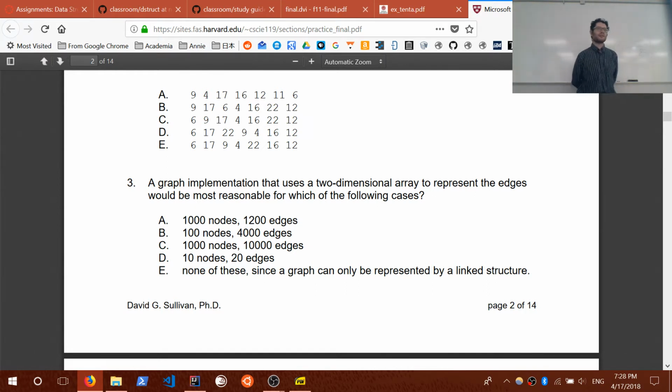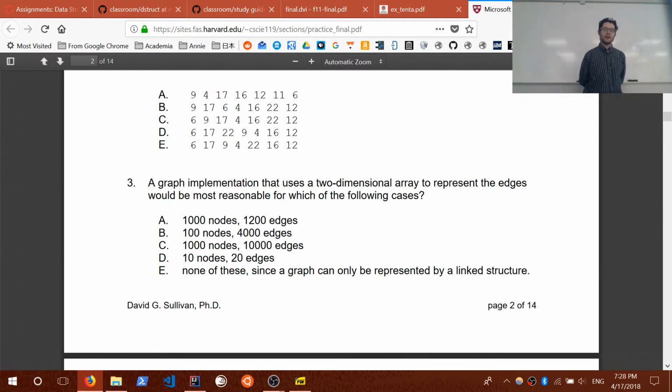So if we've got 1,000 nodes, we'd want around maybe a million edges, or 25% of that, according to our cutoff point. 100 nodes and 4,000 edges, that's 10,000 possible edges. 1,000 nodes and 10,000 edges, again, the million.